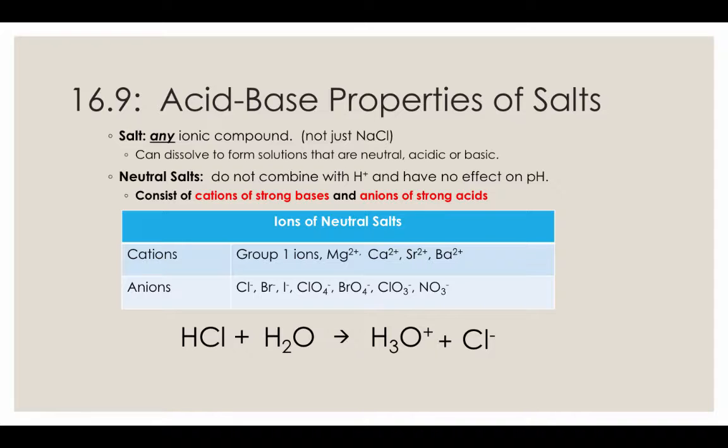Since this is a strong acid, this reaction essentially only goes in the forward direction. Therefore, the resulting Cl- ions are unable to react with the remaining H2O to form HCl and OH-. This reaction does not occur. Therefore, there is no additional OH- or H+ added to the solution, and the pH remains the same.